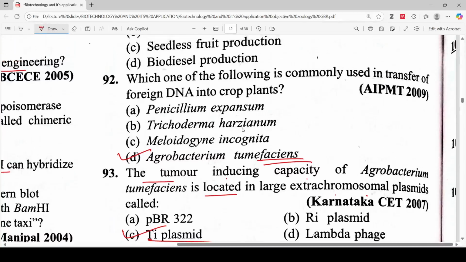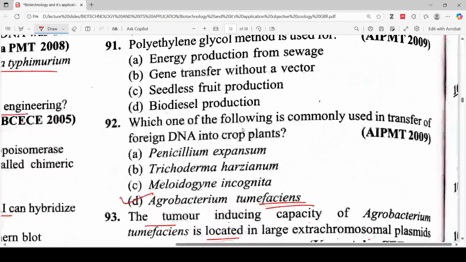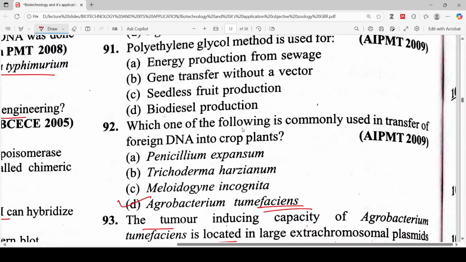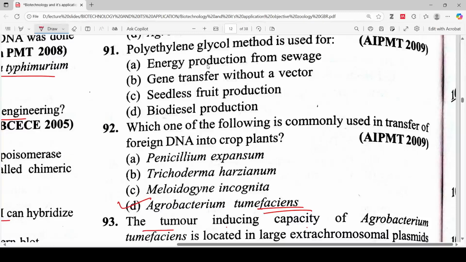Next question, the polyethylene glycol method is used for energy production from sewage, gene transfer without a vector, seedless fruit production, and biodiesel. So the correct answer is gene transfer without a vector.